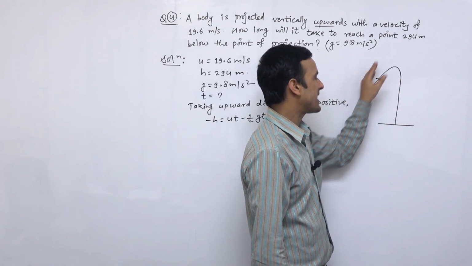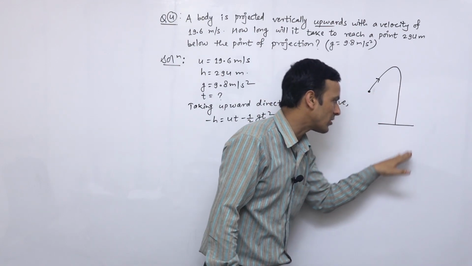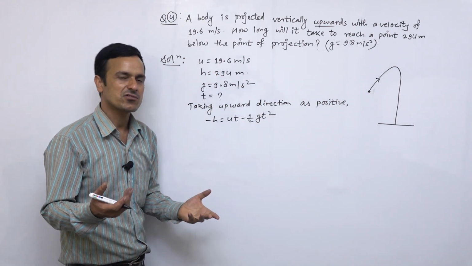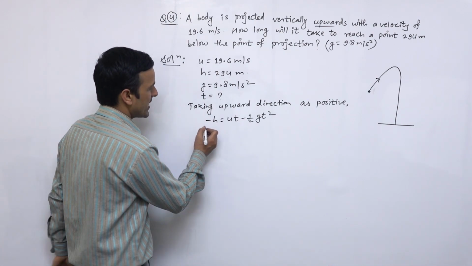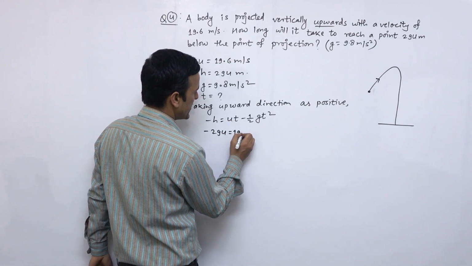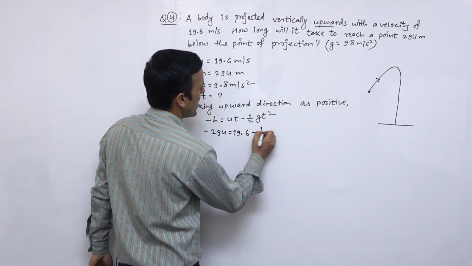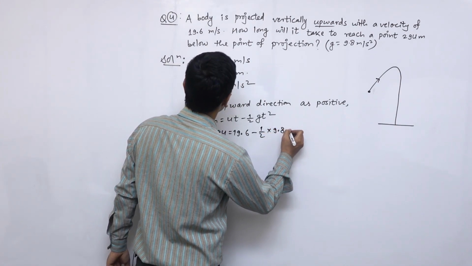If an object is thrown upward but covers distance down below the point of projection, the formula will be this. So write down the value 294, initial value 19.6, and half g means 9.8 into t square.